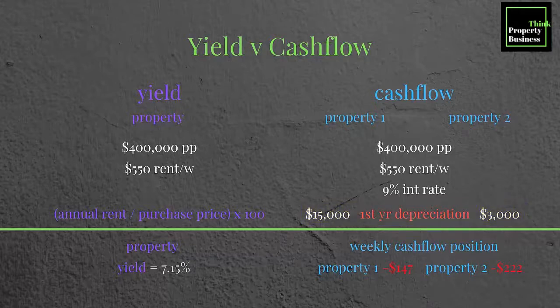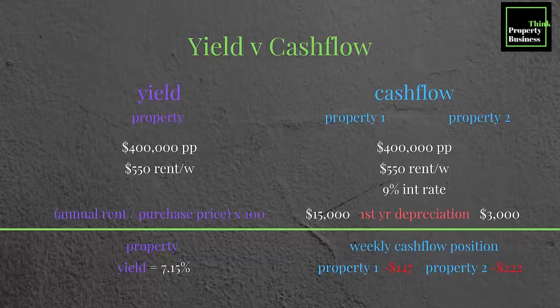If we drop below the green line there, we can see the weekly cash flow position for property one would be negative $147 a week, and for property two negative $222 a week. So we have to be really careful when we're talking yield, because it doesn't include a lot of those factors that we need to include to get a more accurate determination of whether that property is something we can sustain and has a cash flow position that meets our affordability.